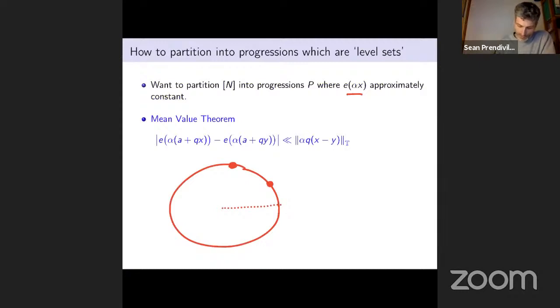And if you want to compare the distance between these two phases, the distance between the 2 points on the unit circle is definitely bounded by the arc length between them. And up to absolute constants, that's bounded by the difference in angles.